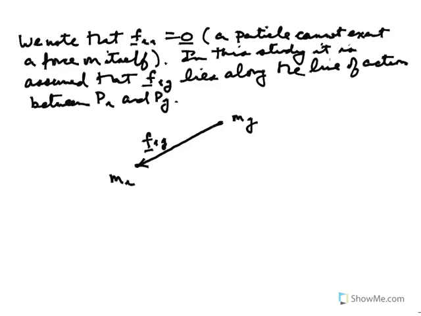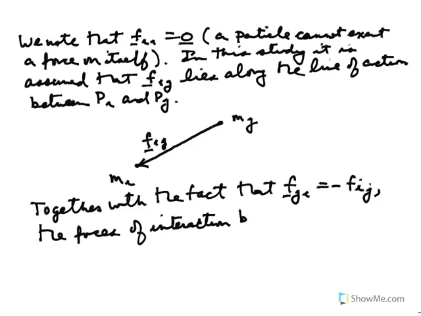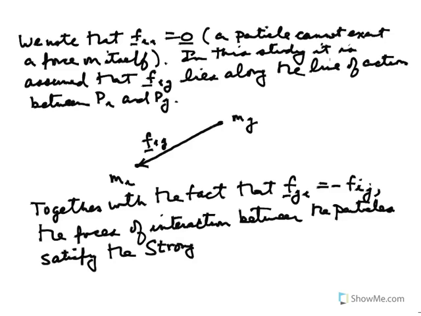And this assumption, together with the fact that Fji equals minus Fij, the forces of interaction between the particles, satisfy the strong form of Newton's third law.